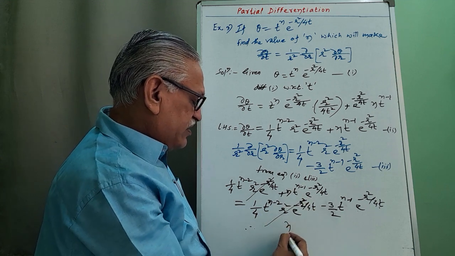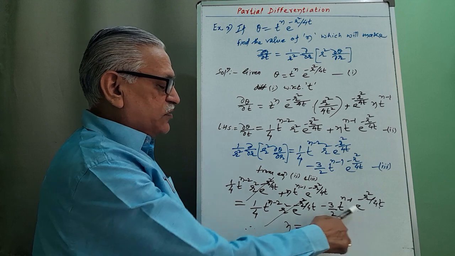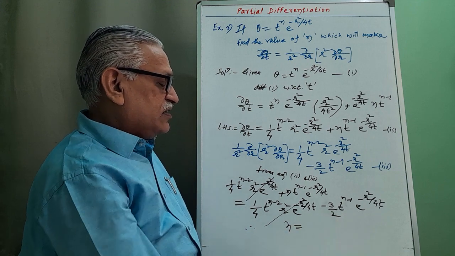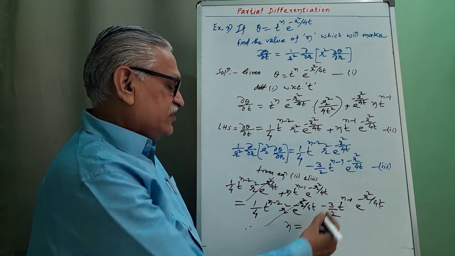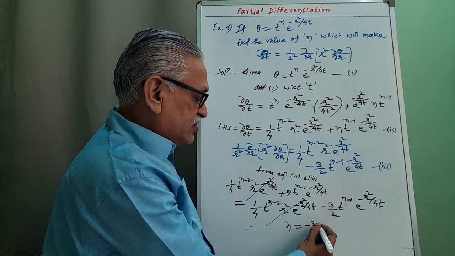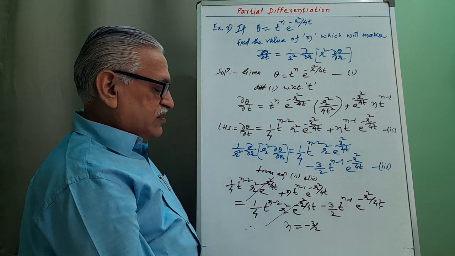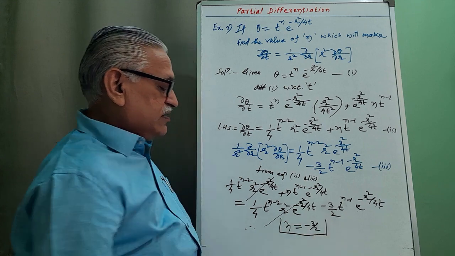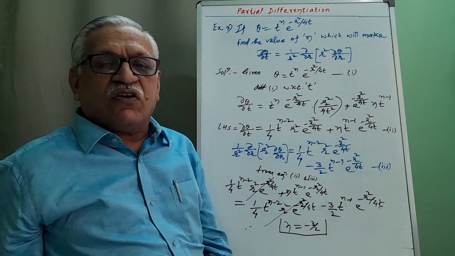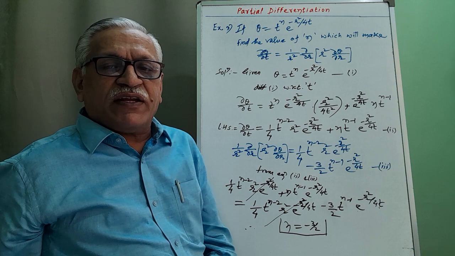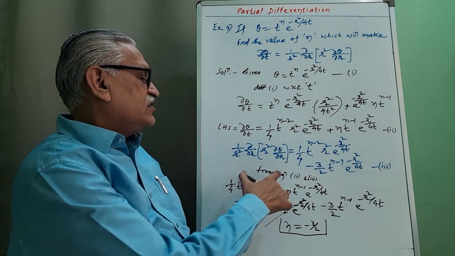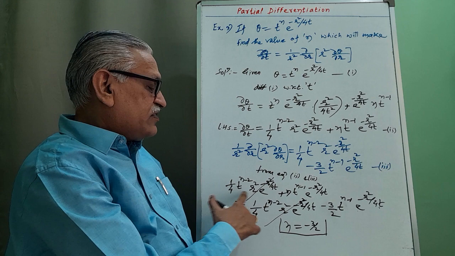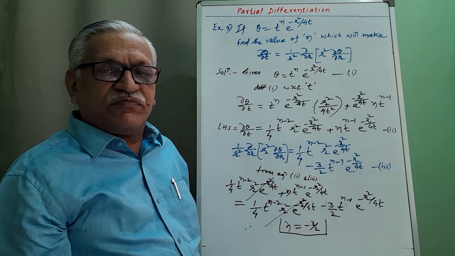Therefore, we get n is equal to the coefficient of the same term on the right hand side, which is minus 3 by 2. Therefore, we get the value of n as minus 3 by 2, obtained by comparing the two sides, left hand side compared with the right hand side term.